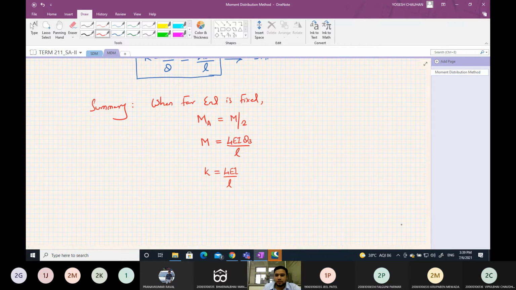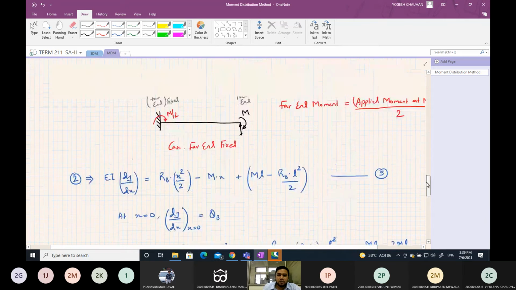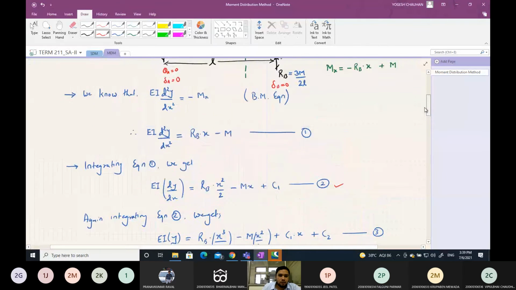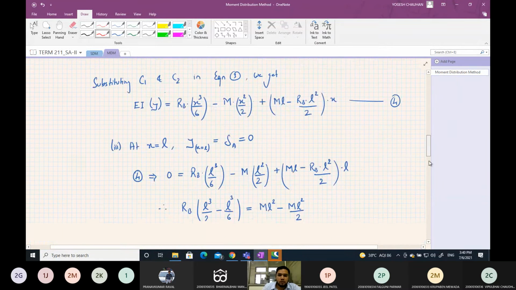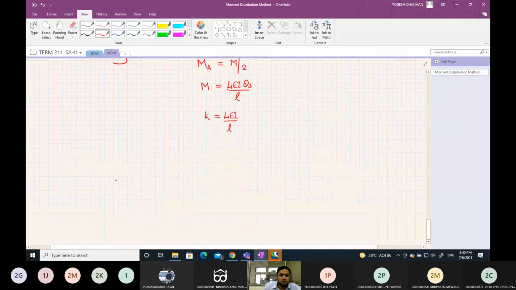Now let us take another case when it is a simply supported beam. Case 2.